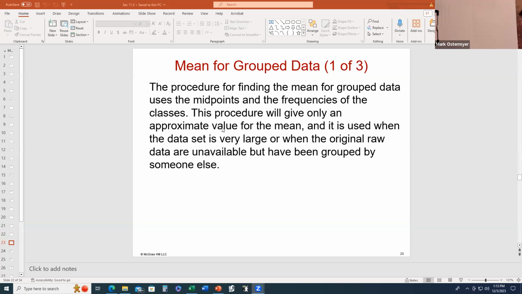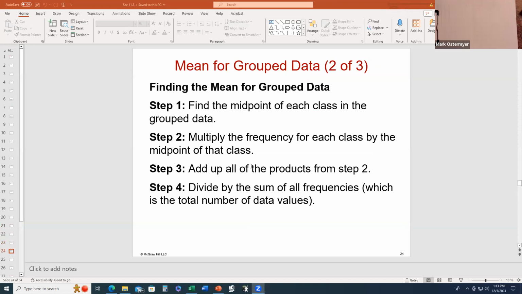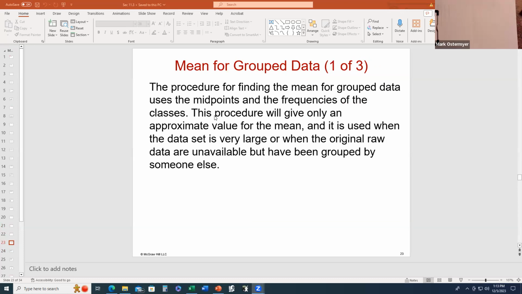Now, how would we find the mean or average for grouped data, where our data is in the form of a frequency distribution table? Well, it can be done, and it's called a weighted average or weighted mean.